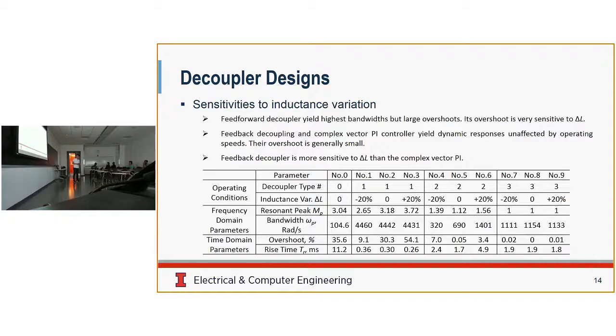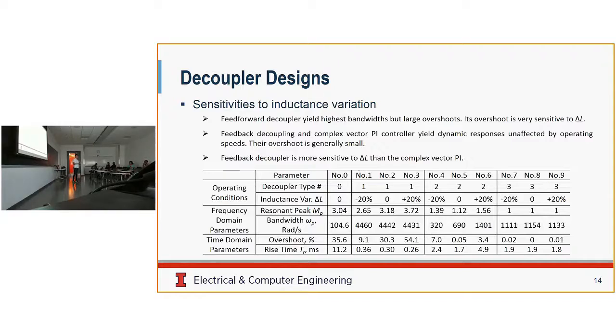Another consideration for this decoupler design is that we use a reactance factor to multiply with some current feedback to build the controller. We know that the machine is a magnetic device, and its magnetic saturation can vary at different operating points.